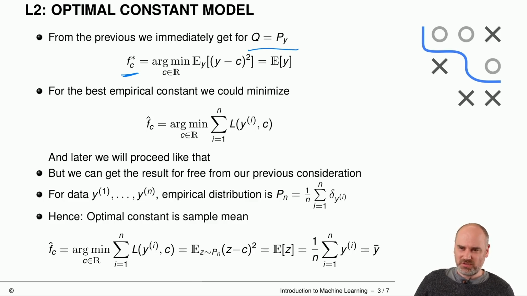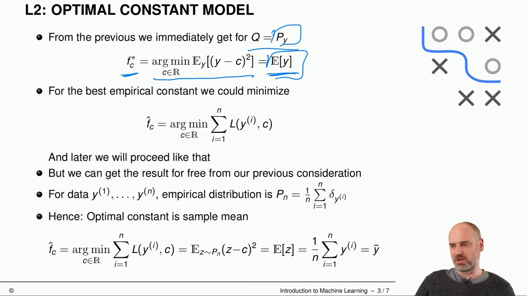That's this f star c, the optimally constant predictor in a theoretical sense. And I know what that is: it's the expectation of y, because it solves this minimization problem here. Now my random variable is just called y instead of z, and it has this label distribution, so the solution is the expectation of y. So we now know how our optimal theoretical model looks.